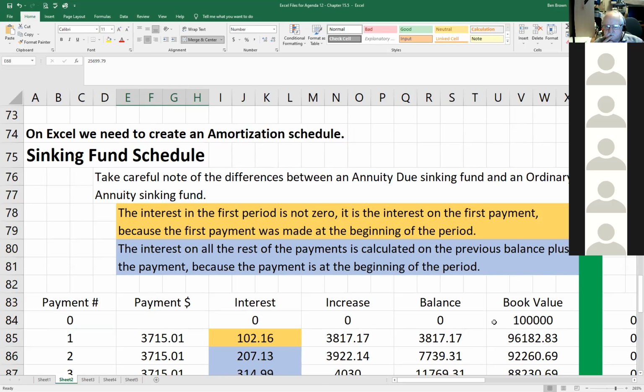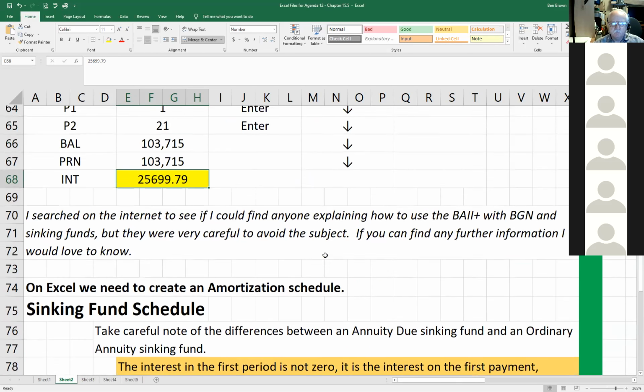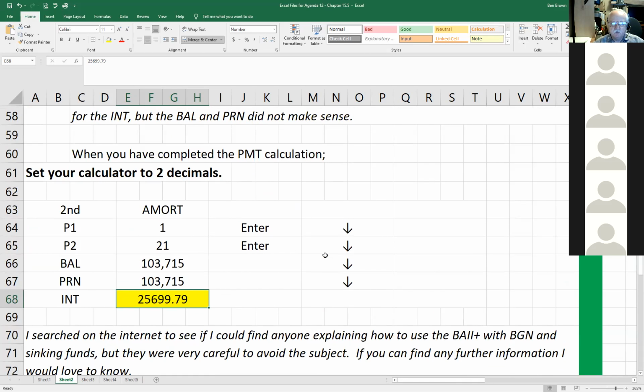Sir, actually, I got a different answer on the BA2. I got the balance in 103,715.01. Yes. I'm not sure.